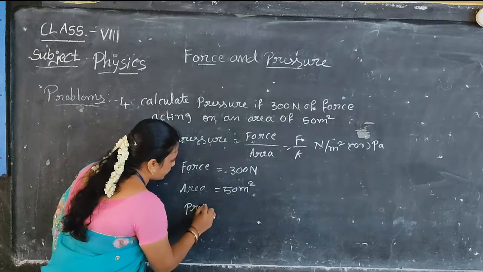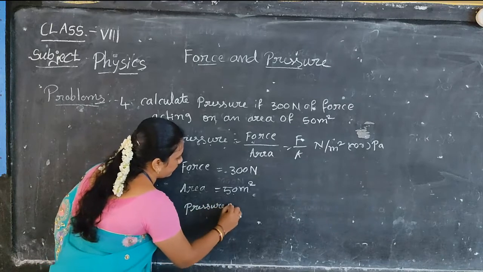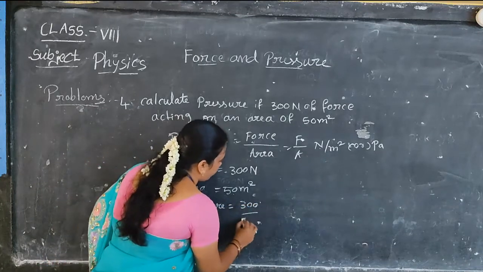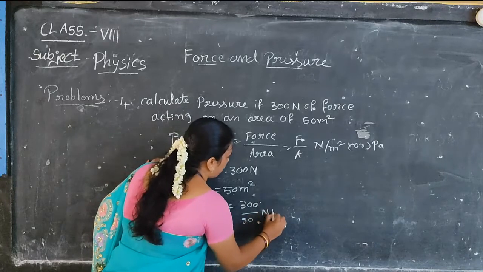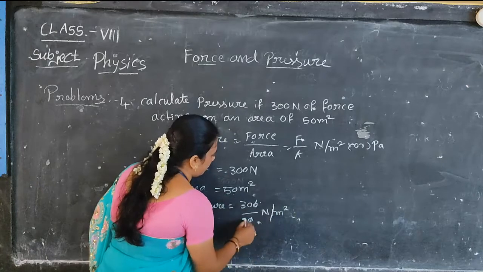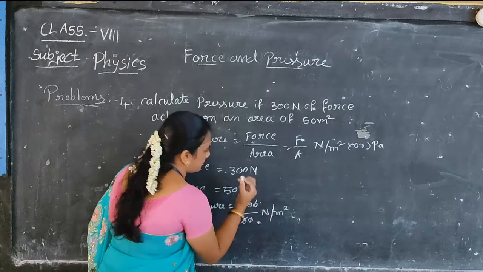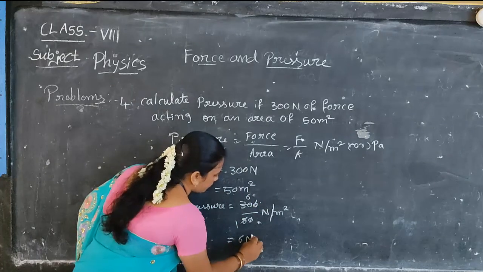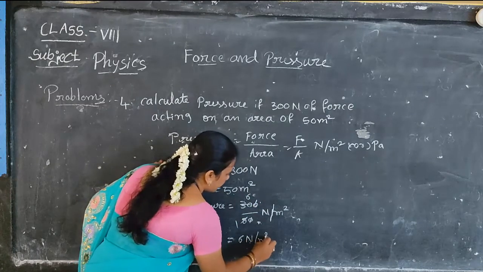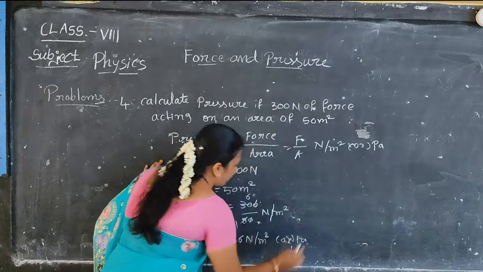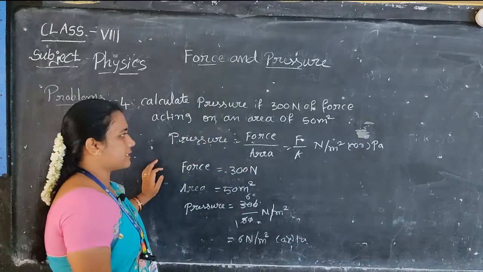Pressure is equal to 300 by 50 Newton by meter square. The zeros cancel, 5 ones are 5, 5 sixes are 30. So that is equal to 6 Newton by meter square, or you can write the unit as Pascal.